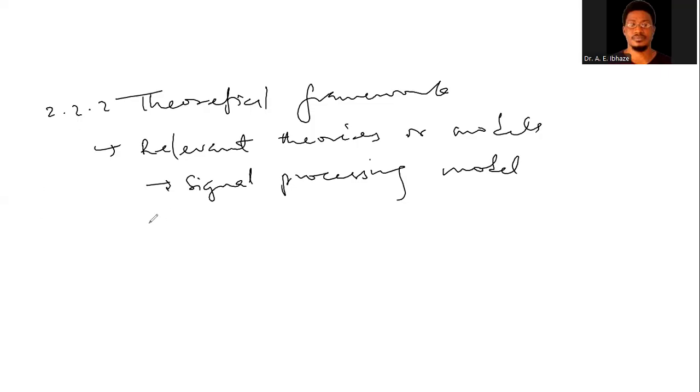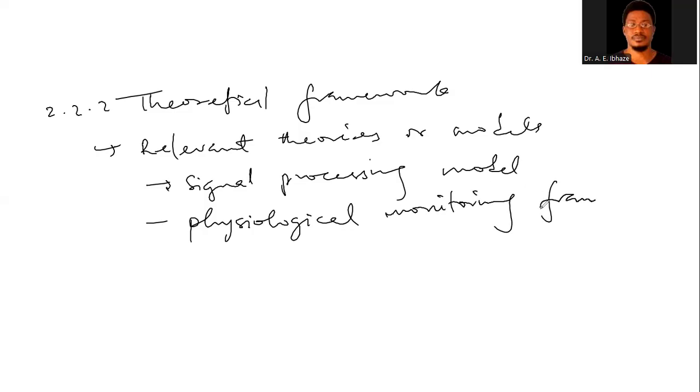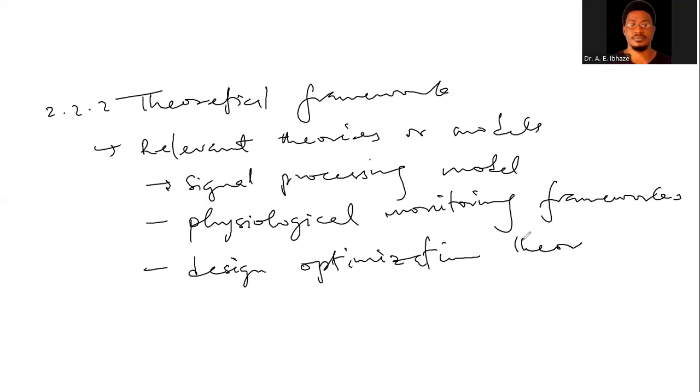Now, you also want to look up some physiological monitoring frameworks. Then you also want to look up design optimization theories. With this, you're able to build around the theoretical framework.